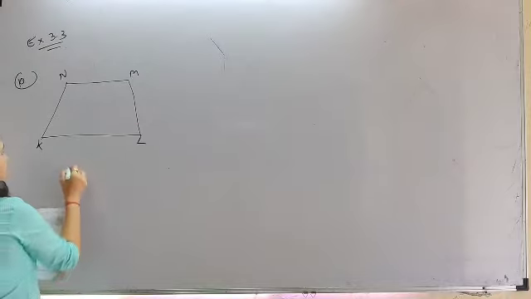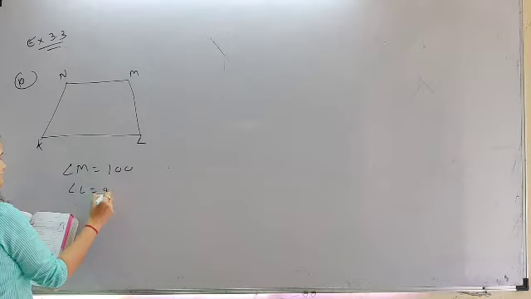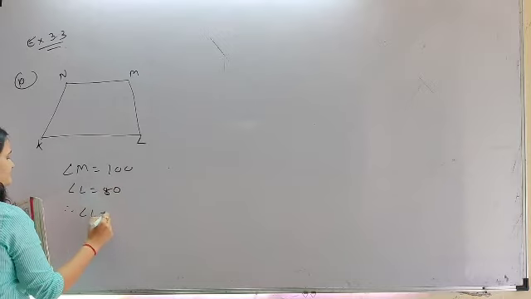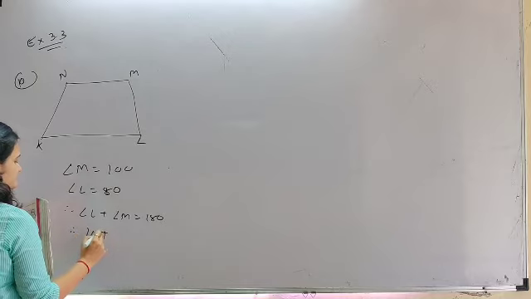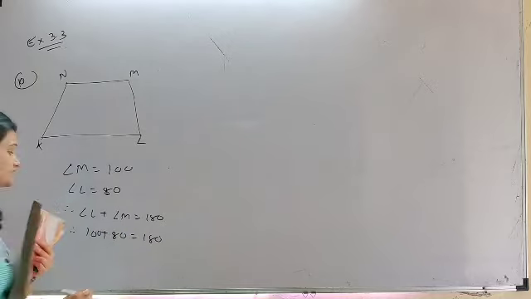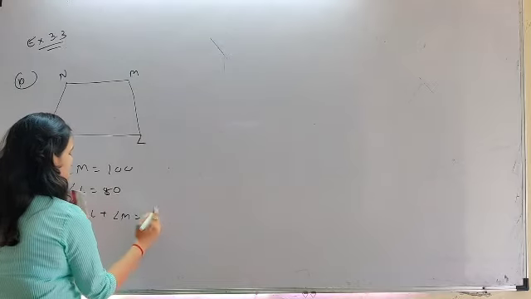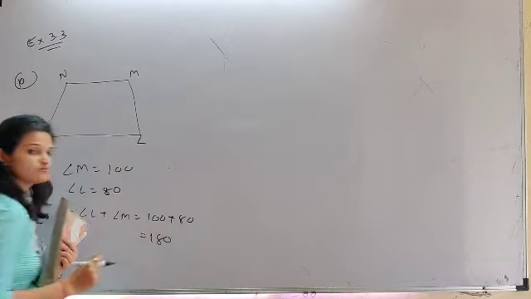Now here angle L is equal to 100 and angle M is equal to 80. That means angle L plus M is equal to 100 plus 80, which is equal to 180.